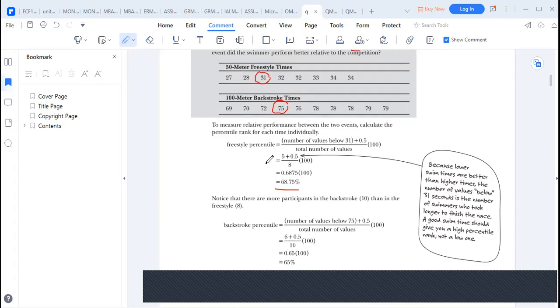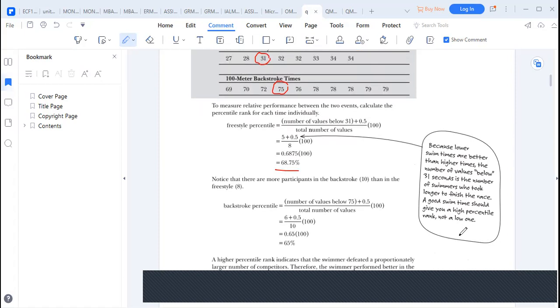So here, we're told that because the lower swim times are better than the higher, the number of values below 31 is the number of swimmers who took backstroke to finish a race, and a good swim should give a high percentile. So here, below 75, and the total number of values.